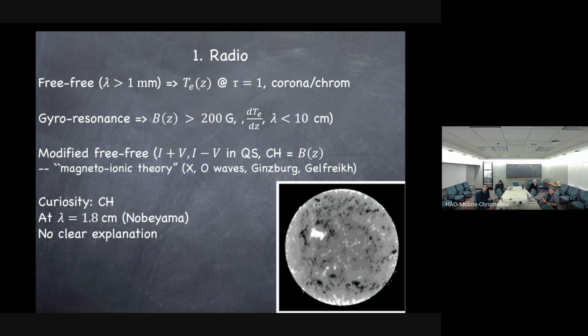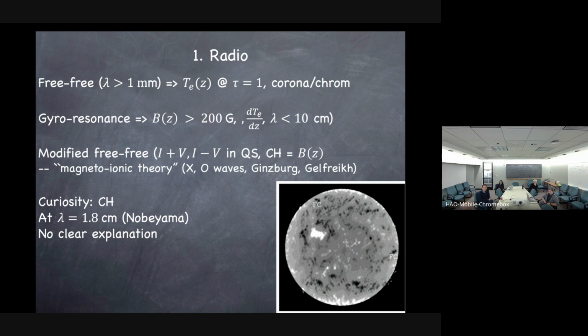If, however, I go to longer and longer wavelengths, the blocking of the light goes up with lambda squared. So now if I go 10 times longer, I get 100th of the mean free path. Now I see much higher up, but I'm still blocked by free-free interactions. There's no other feature other than these electrons colliding with each other that can absorb and emit radiation. So now suddenly I'm seeing something 100 times higher up. I'm looking at the top of the chromosphere, maybe, or the middle chromosphere.